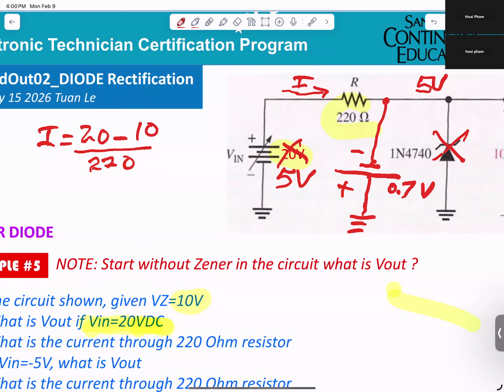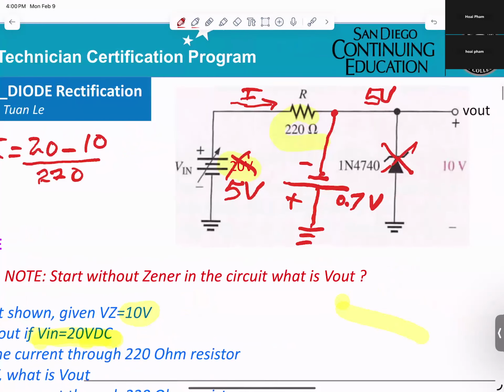Okay. What is Vout? Minus 5. That means we measure Vout here, right? From the output to the ground. 4.3 then?